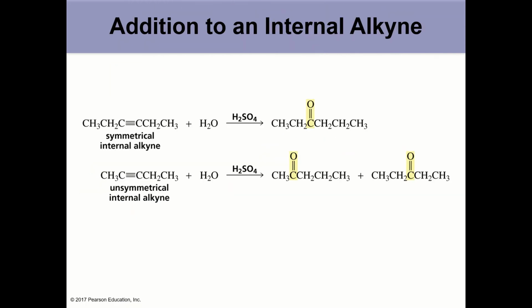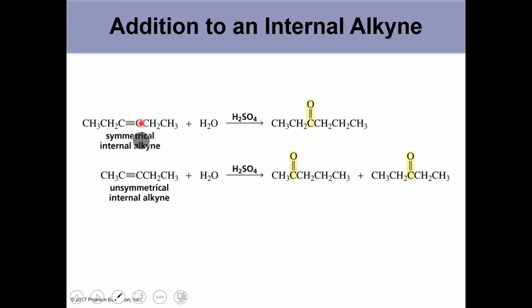So what I want you to be able to do is to look at an alkyne reacting with water and H2SO4 and making the corresponding ketone. For a symmetrical alkyne, we create one product because the double bond O, whether it's placed on carbon 3 or carbon 4, because it's symmetric, in the final product, it produces 3-hexanone.